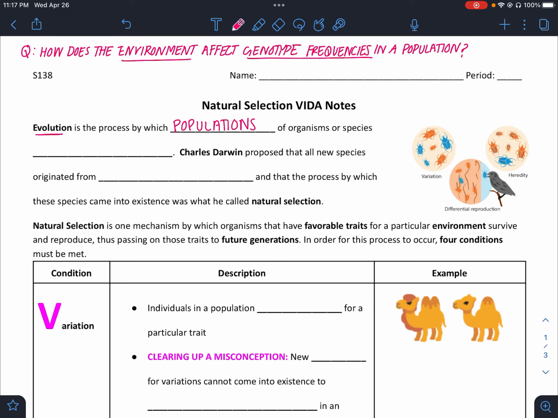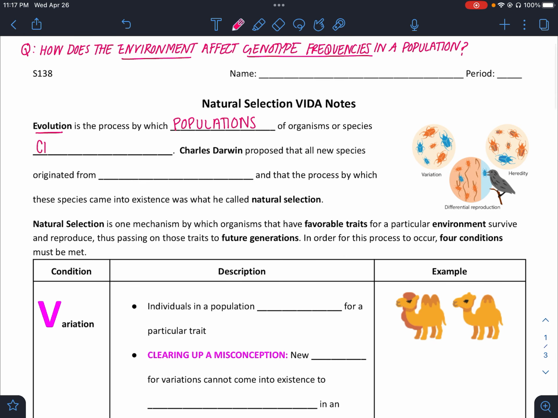Remember, a population is a group of individuals of the same species that live together in the same place at the same time.